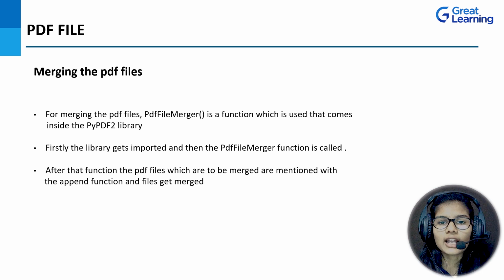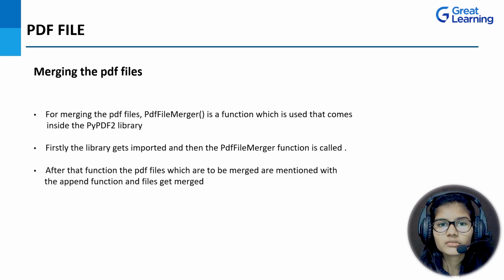Okay, now second is how you can merge PDF files. Let's say you have 2 or 3 PDF files and you want to merge all of them together. How do you do that?